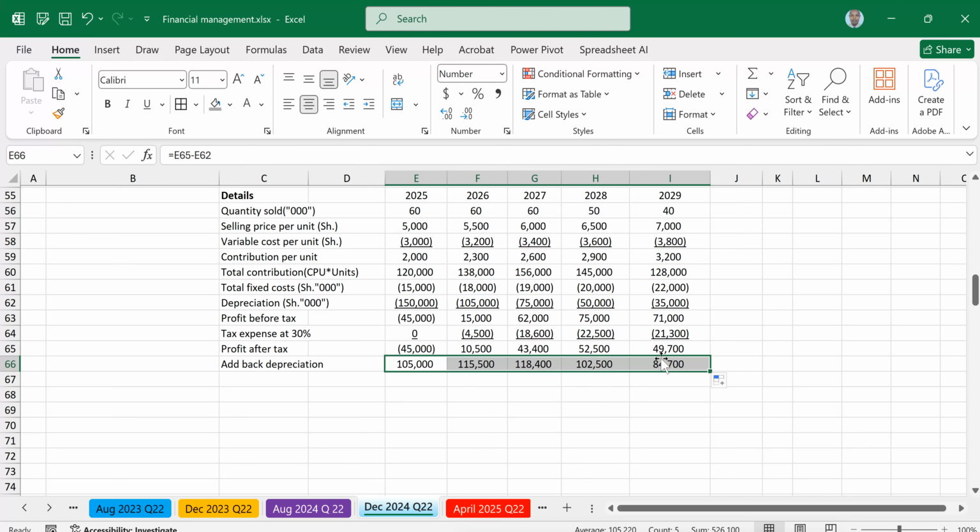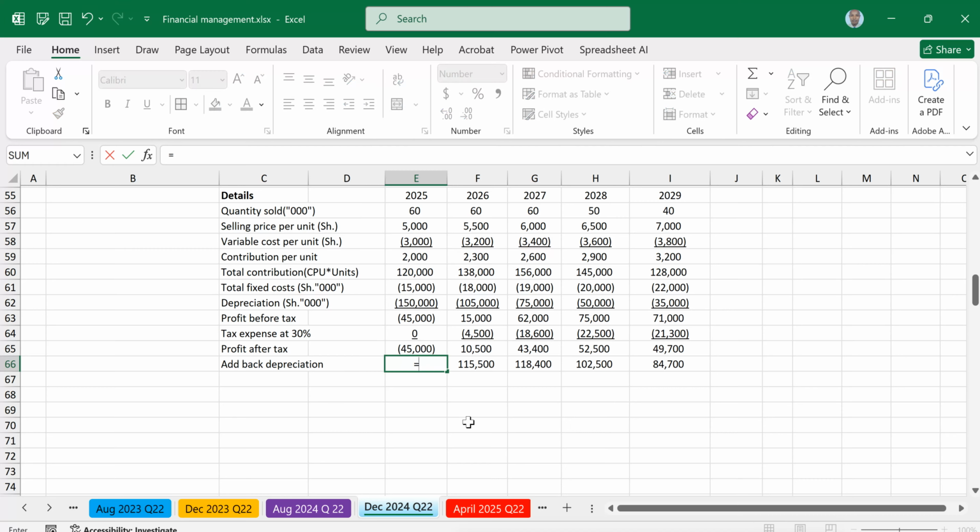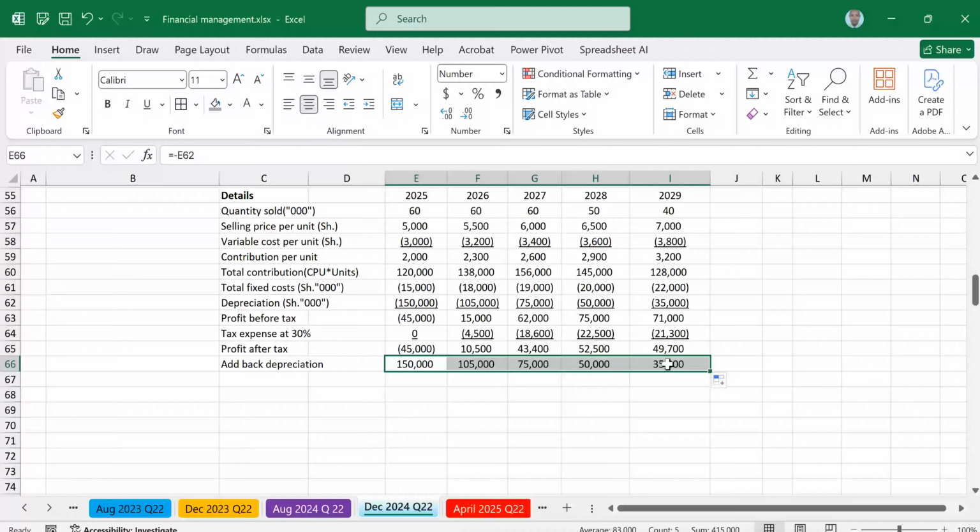Add back depreciation. Use the equal sign, negative, then click on the depreciation that we are adding back. It's now positive this way, so you add back the depreciation.